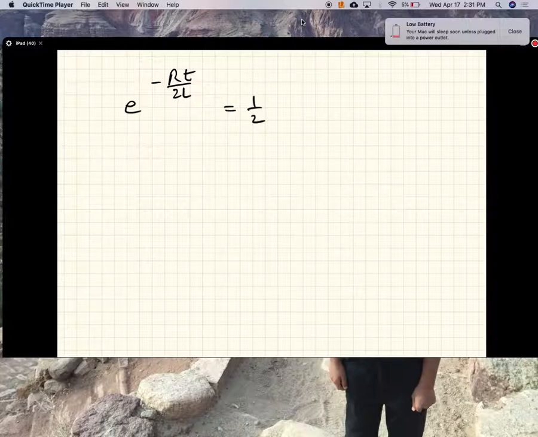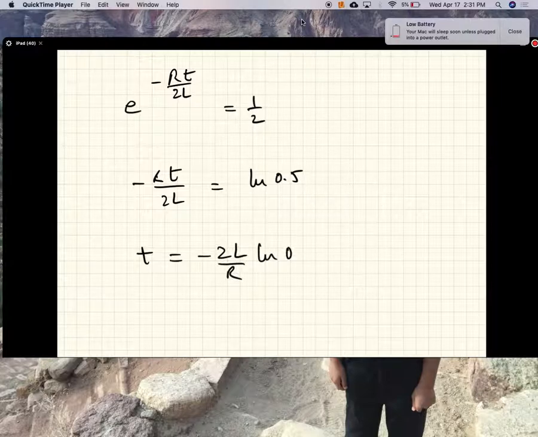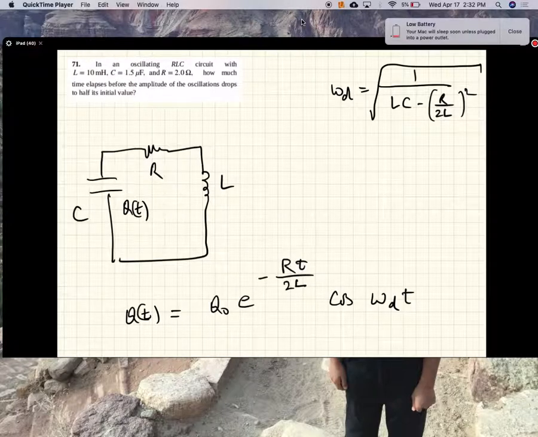Anyway, you take the logarithm of both sides: minus Rt over 2L equals log of 1/2, so t equals 2L divided by R times ln 2. At this time, the oscillation amplitude has died to half its value. So let's plug in the values. L is 10 millihenries, R is 2 ohms.